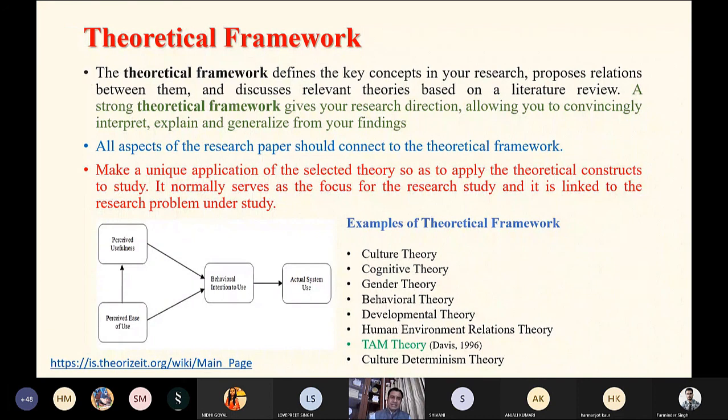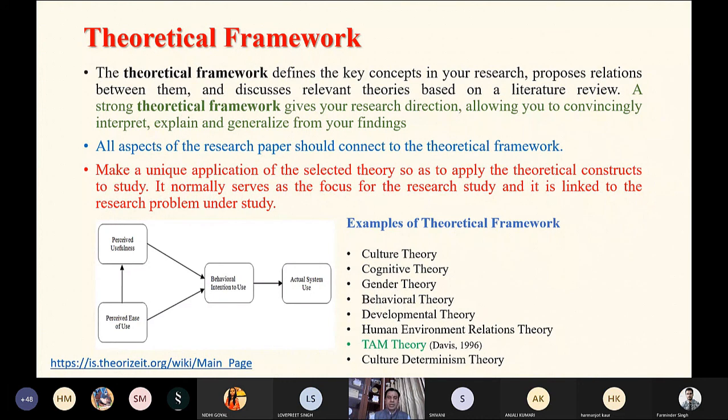Normally you must have seen that reviewers ask for the theory that has been used in the research manuscript. The majority of the research papers that you read all have a theoretical framework.